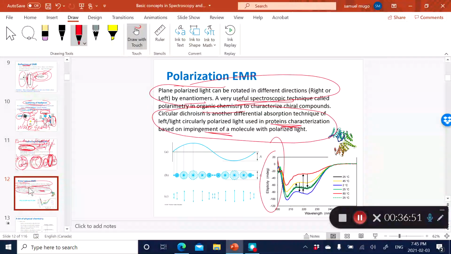And that is what, in the y-axis in this case for circular dichroism, you are determining: the ellipticity, meaning the angle at which the plane polarized light is being rotated by the big molecules like the proteins. And so it's a very important technique, again, for characterization of different types of proteins.